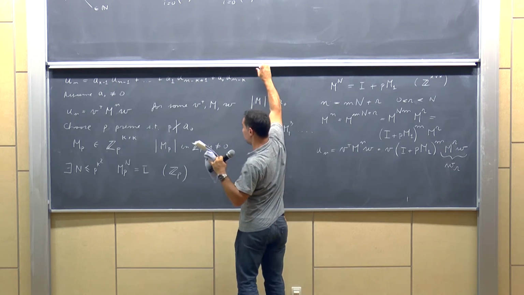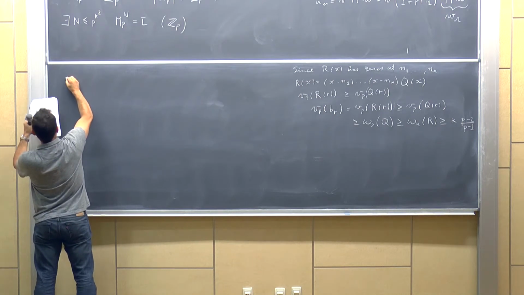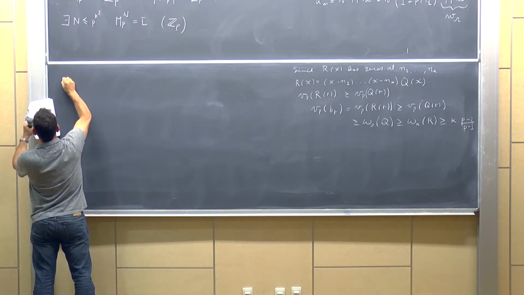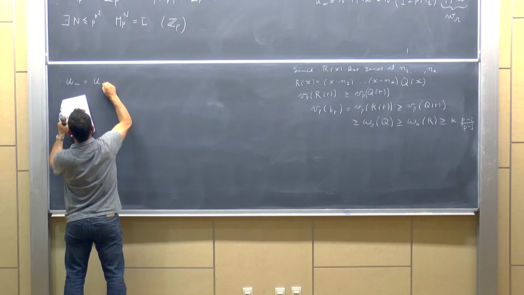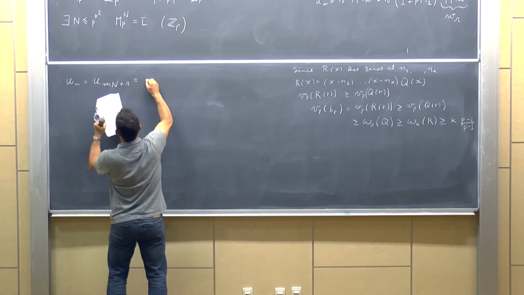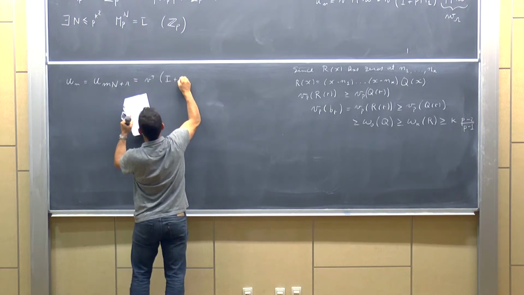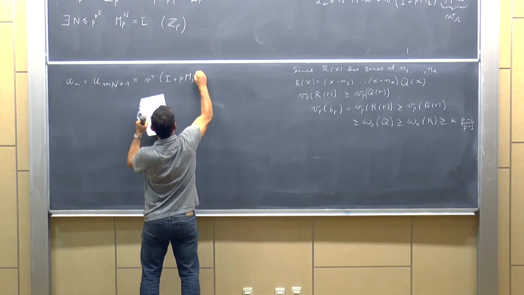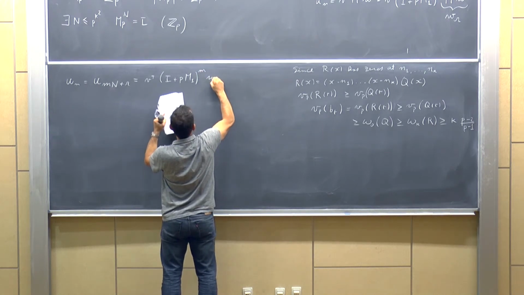Okay, so I'm just going to use the other board. I have that, just to write it again, u_N, which is u of n m plus r, is equal to v transpose I plus P M1 to the m times w_r.